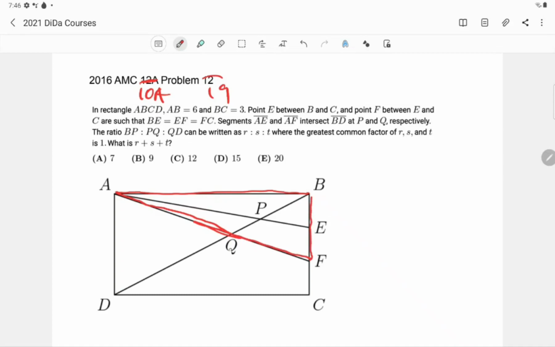Of course, you need some trivial similarity ratios like BP over DP is BE over AD is 1/3, and BQ over DQ is 2/3. But those are the parallel ratios. Those are trivial to arrive at. Other than those two trivial ratios, one application of MPG solved this problem.